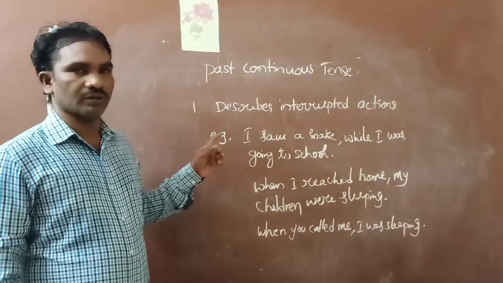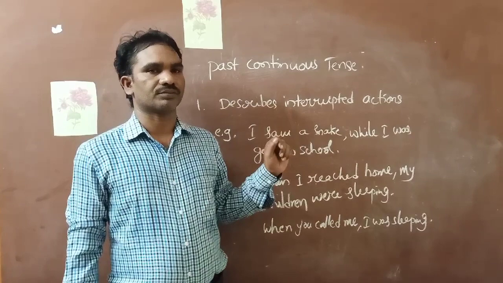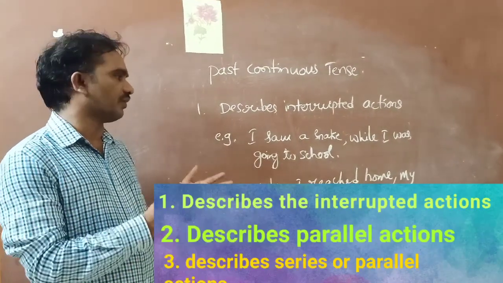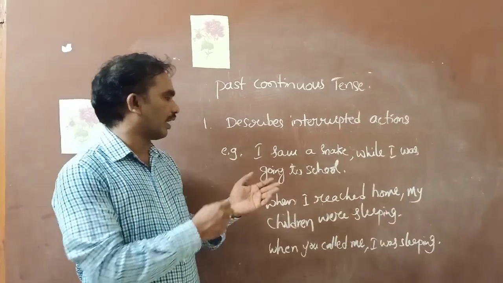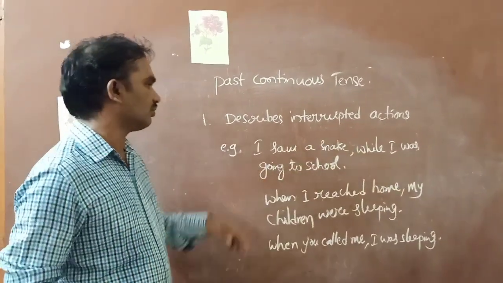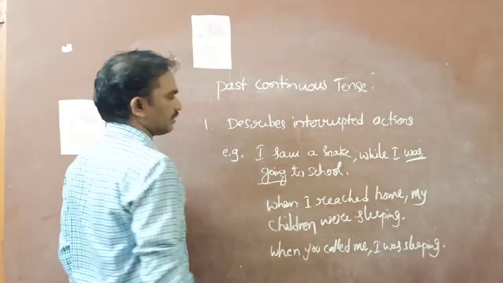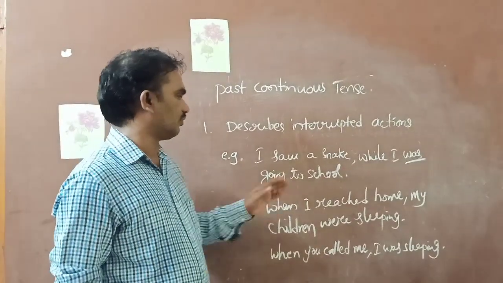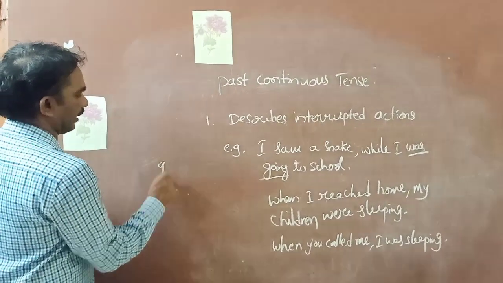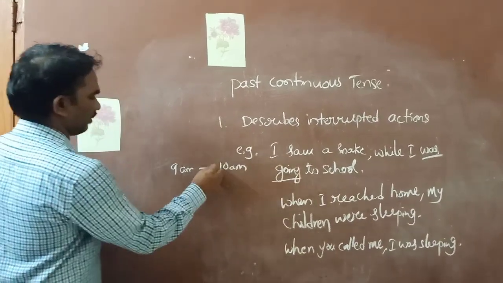Guys, the first rule is that past continuous tense describes interrupted actions. Interrupted actions means some action will interfere into another action. So here, I saw a snake while I was going to school. Look here. I was going to school is the main sentence here. It was going on. For example, I started going to school at 9 a.m. to 10 a.m., so I was in the middle.